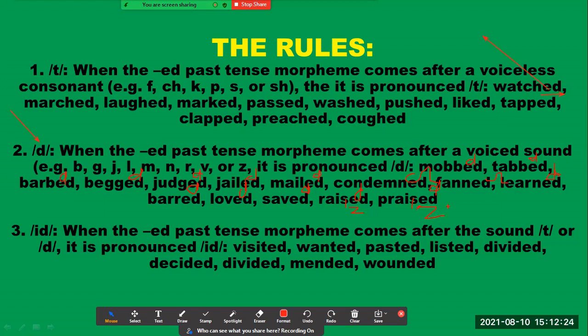Now, you can contrast this with watched, marched, laughed, marked, passed, washed, pushed, liked, tapped, capped, preached, cuffed. You notice the sound of T in each of these.